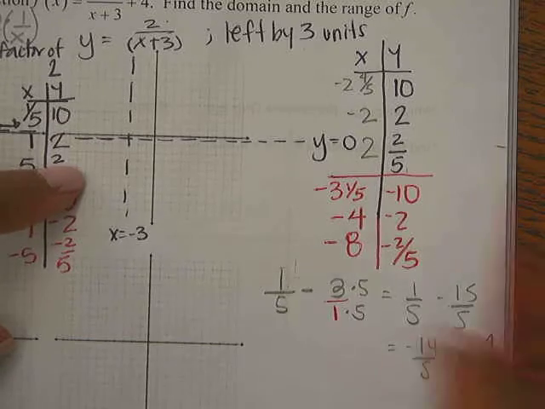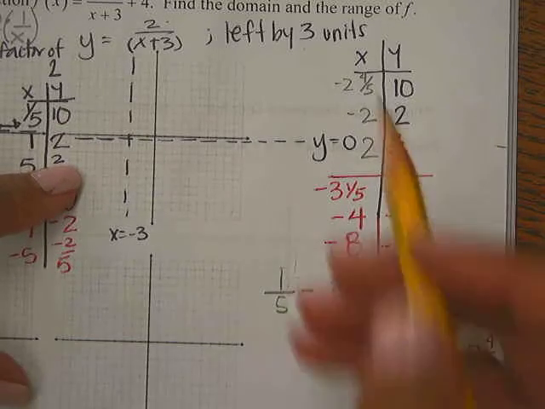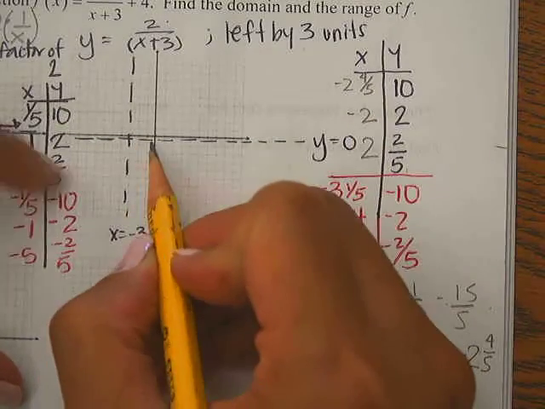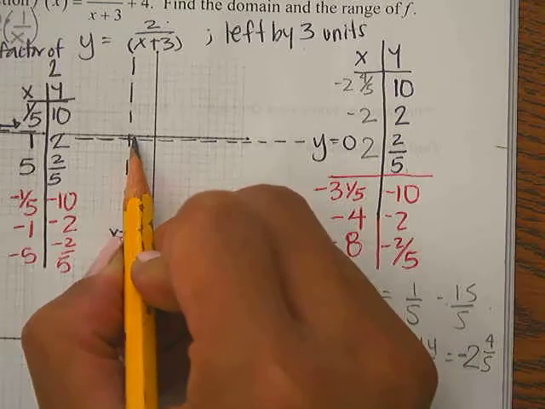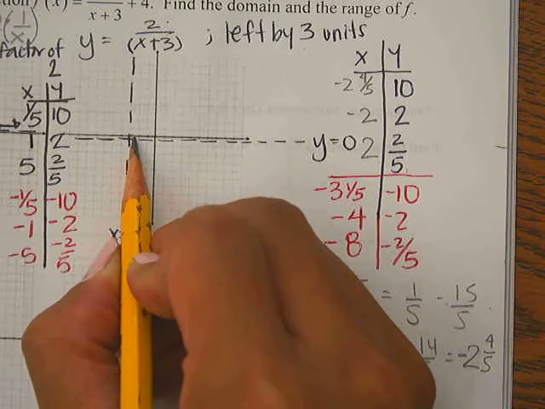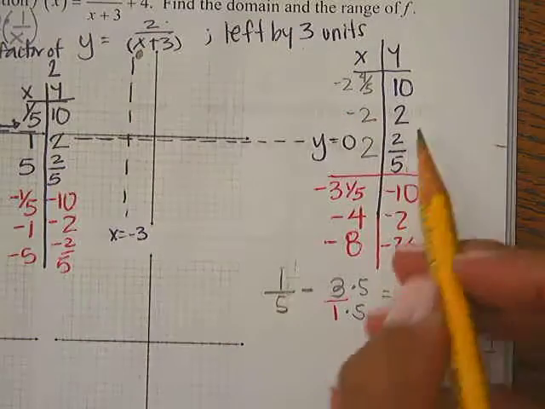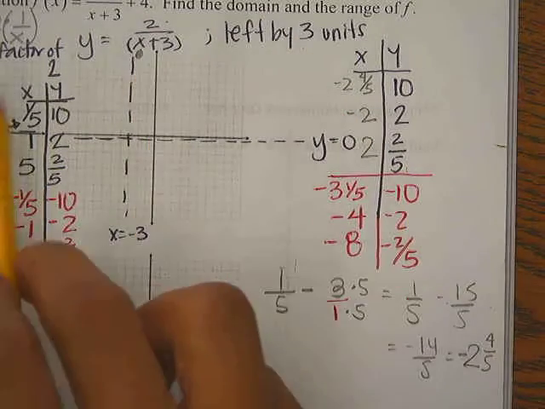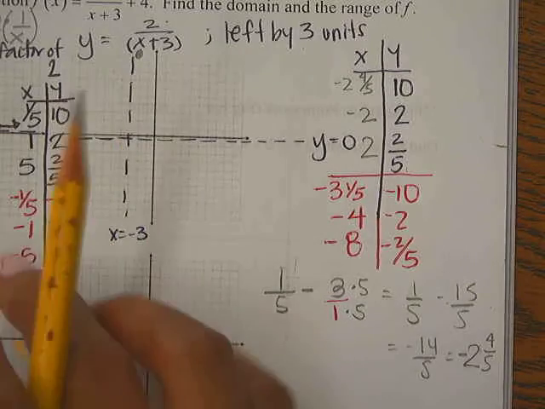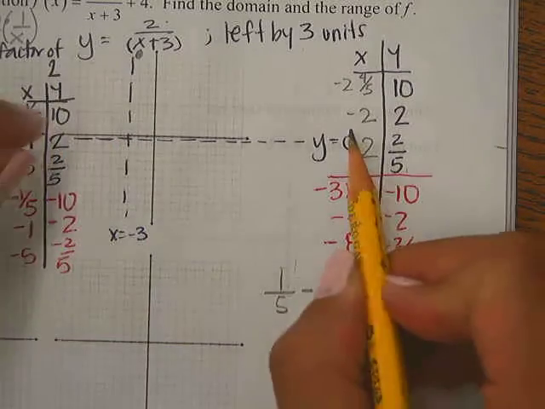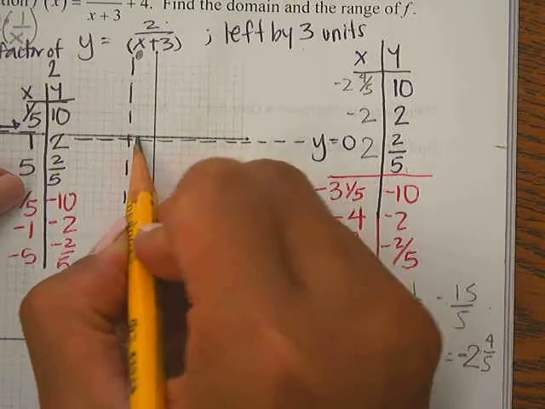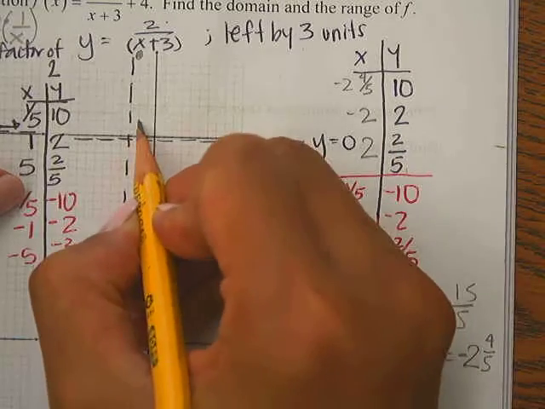Okay, ready? Negative 2 and 4/5. So here we go. 1, 2, negative 2 and 4/5 is between negative 2 and negative 3. Go all the way to positive 10. Notice how the y values don't change. It's still the 10 on the top. Then I'm going to have positive 2, negative 2, positive 2.